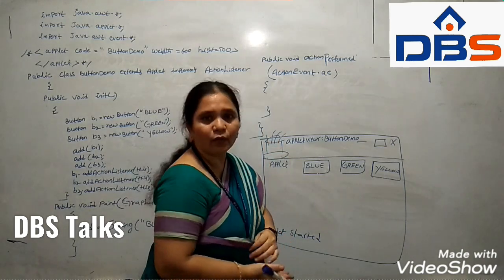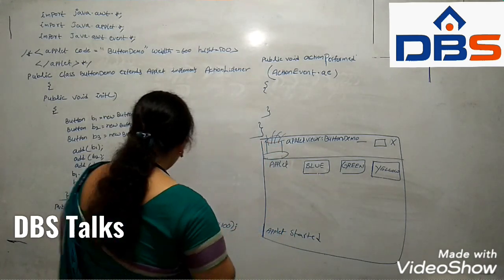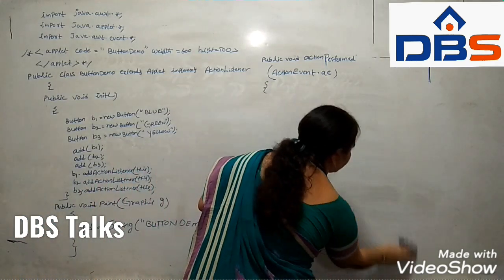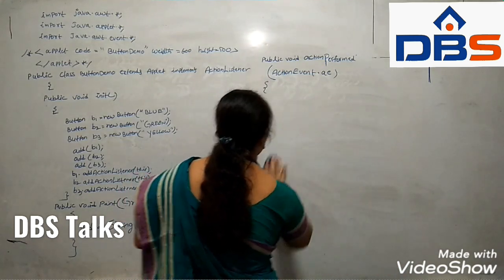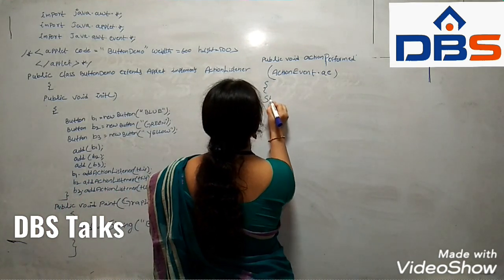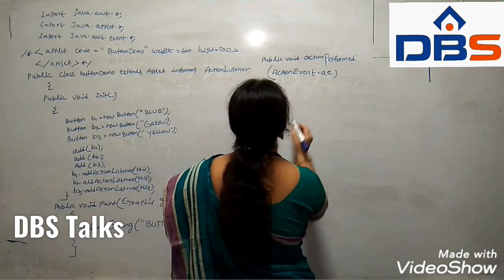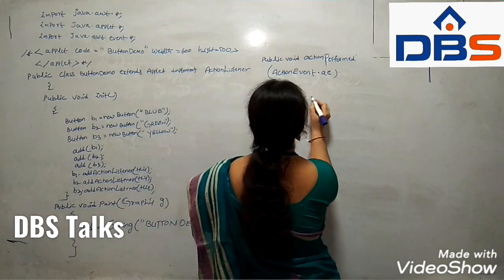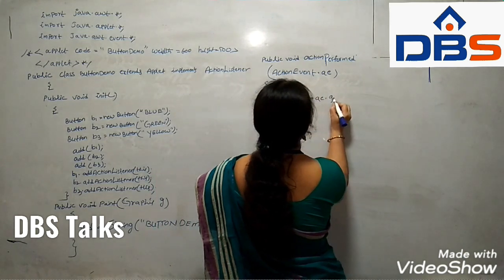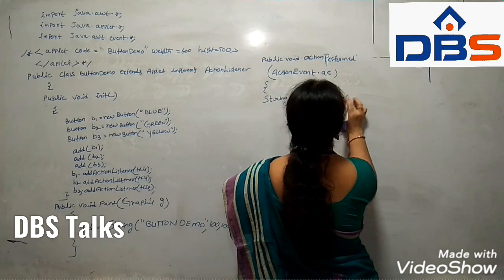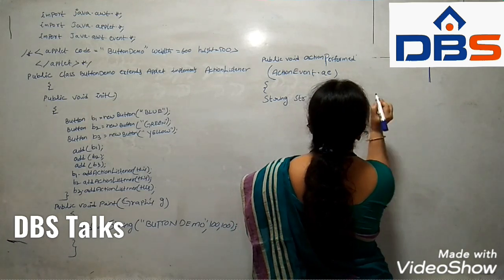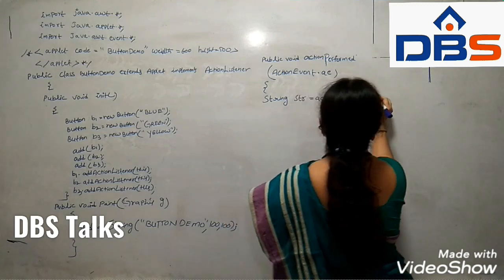So for this, we want to perform an action. We need to add some code in this particular method. So open the method, then we will write String str = ae.getActionCommand.